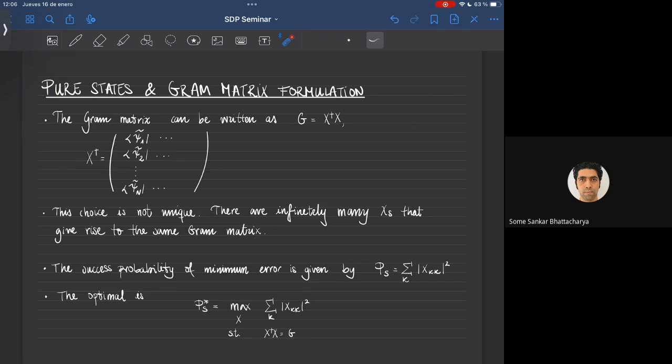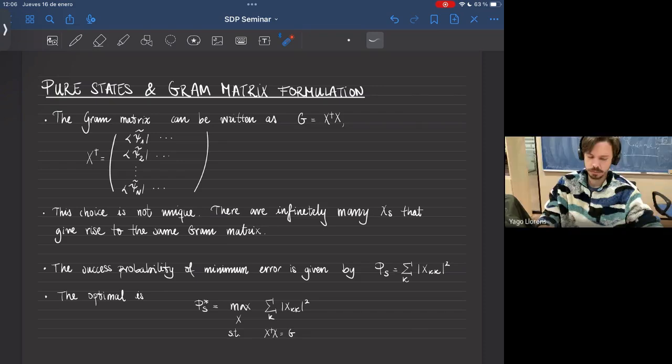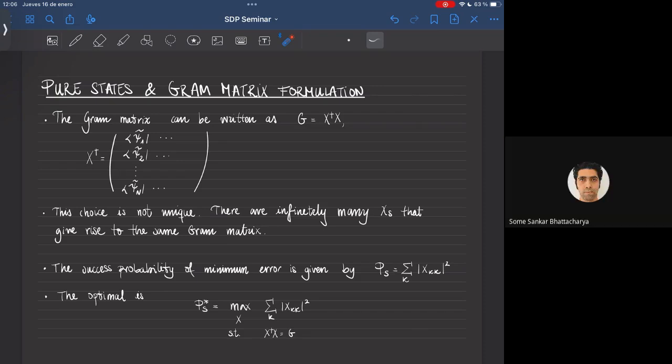If you cannot discriminate them perfectly, then for example for qubits, it is not a good example because it is just 2 cross 2 in both cases, I guess.